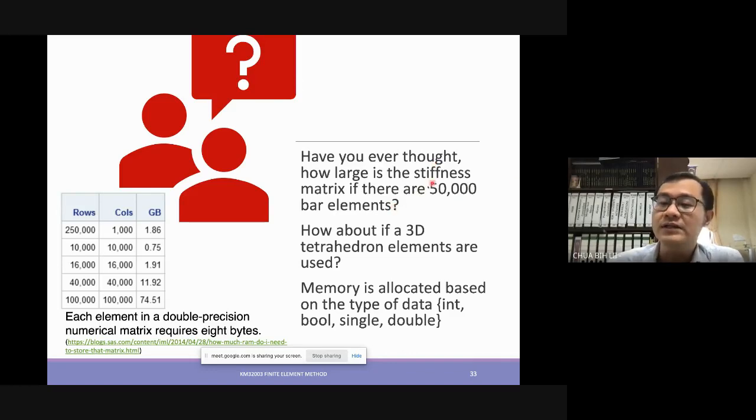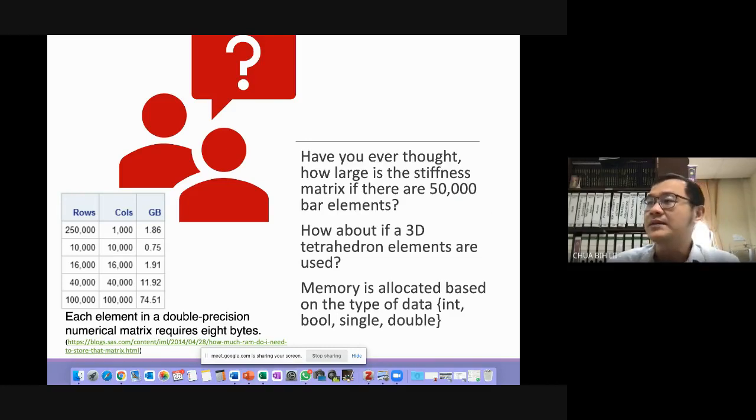When you have 50,000 bar elements, your matrix may be of size 50,000 times 50,000, with 50,000 rows and 50,000 columns, roughly around that value. So how much data does it require in your computer?